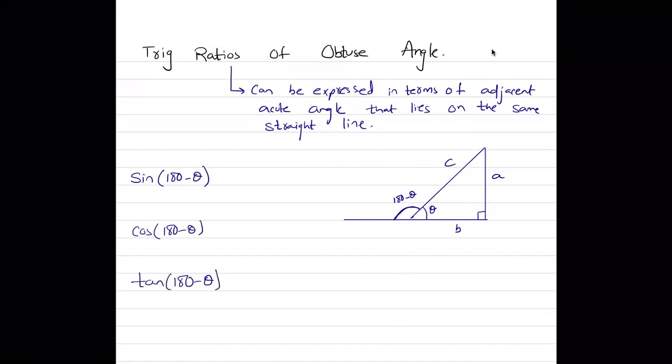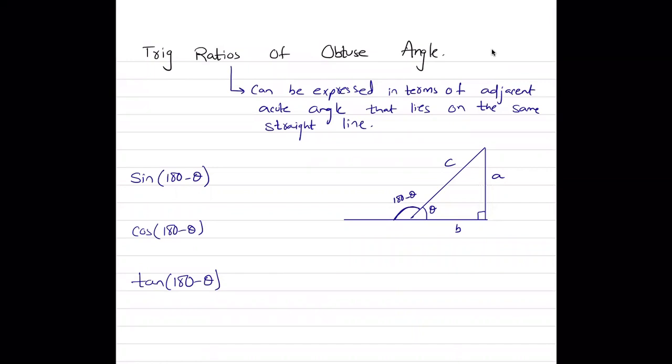So basically the trigonometric ratio of the obtuse angle can be expressed as a trigonometric ratio of an acute angle with some adjustment. So you use the right angle triangle first to find the trigonometric ratio of an acute angle, and then for obtuse angle you are going to change the signs of sine, cos, and tan.